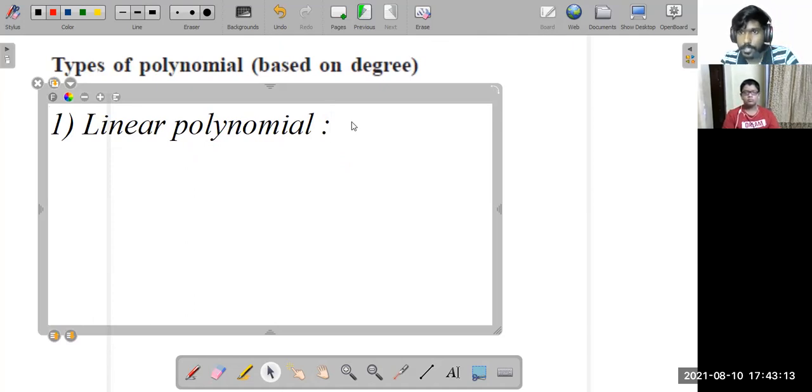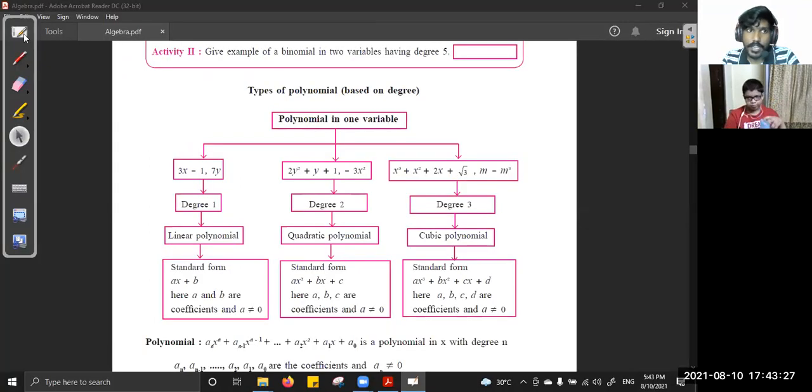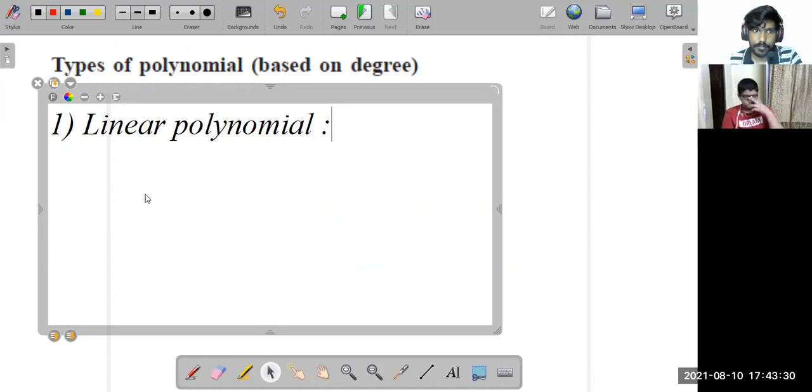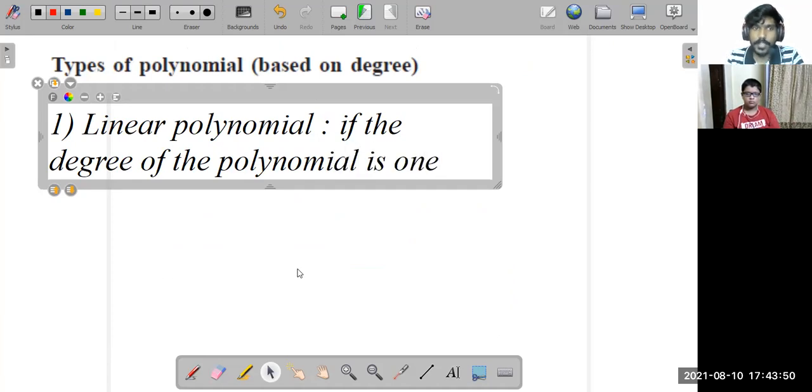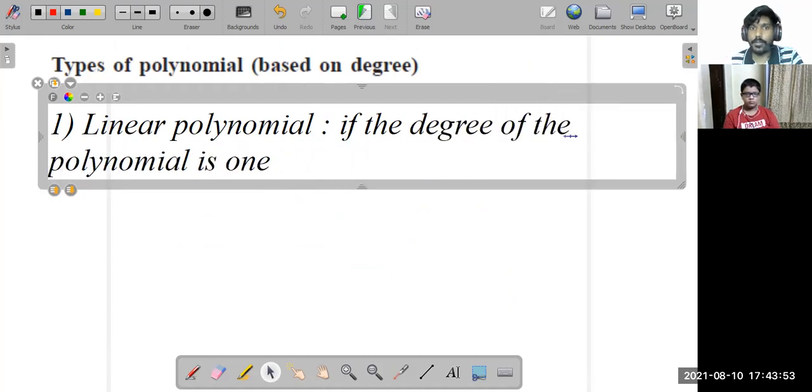But in terms of math, when I say linear, the meaning is the same, only we have one more addition to it, that the degree will be 1. It is correct what you said, straight line. But when we talk in math, if the degree of the polynomial is 1, then we call it a linear polynomial.